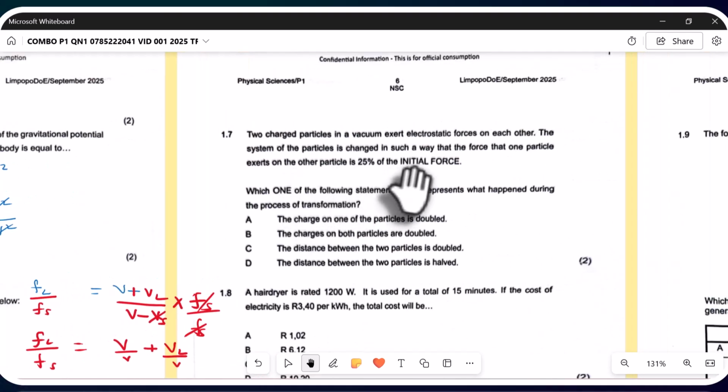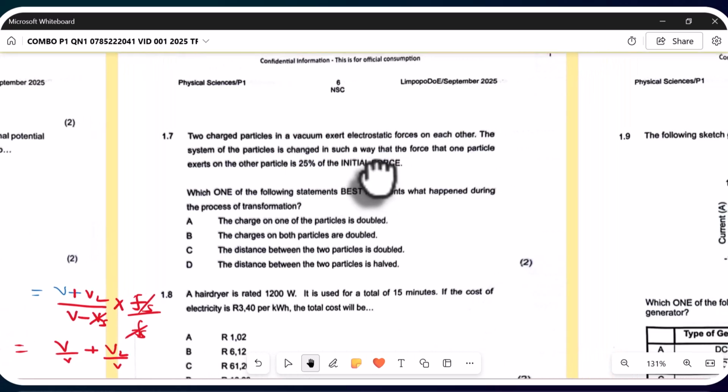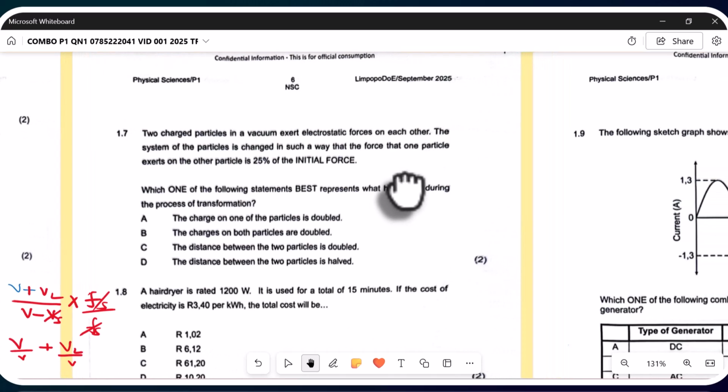Then if you look at C, they say that the distance between the two charges is doubled. If I double the distance, I have k times Q1 times Q2 divided by (2r) squared. 2 squared is 4, so it's 1 over 4 times k Q1 Q2 over r squared.